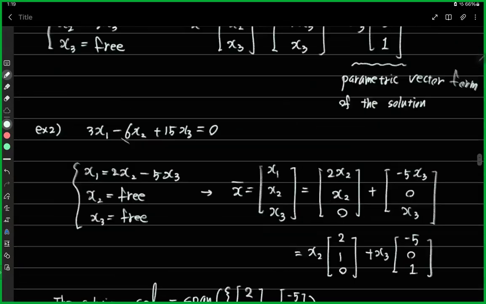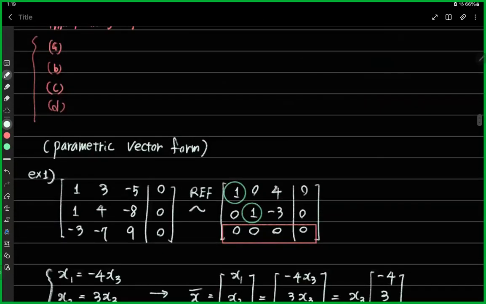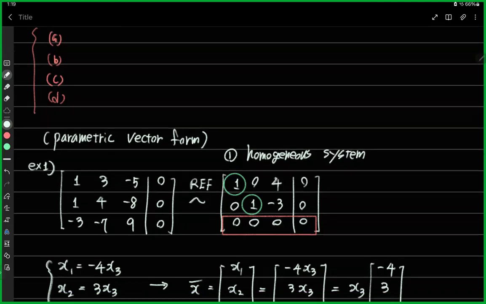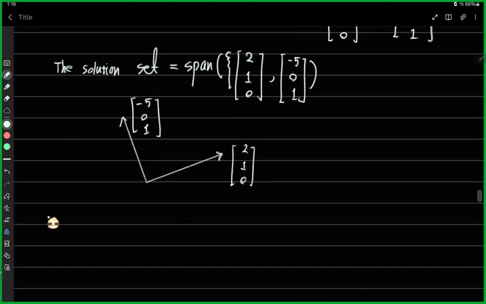Give me a second. Let me put here homogeneous system. So so far I was just talking about the parametric vector form of the homogeneous system. Now I'm going to talk about a non-homogeneous system.